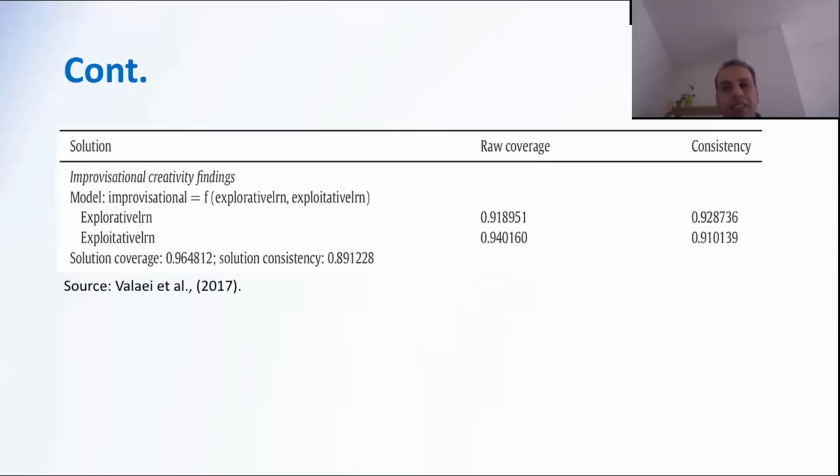The second is high exploitative learning strategy, which has a high level of consistency and coverage. The consistency is 0.91 and the coverage is 0.94. So overall, the solution has a high consistency of 0.89 and a satisfactory coverage of 0.965.